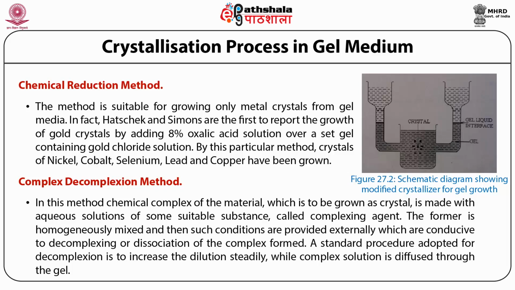A standard procedure adopted for decomplexion is to increase the dilution steadily while the complex solution is diffused through the gel. Crystal growth by this method was first attempted by O'Connor et al. for the growth of cupric halide crystals.